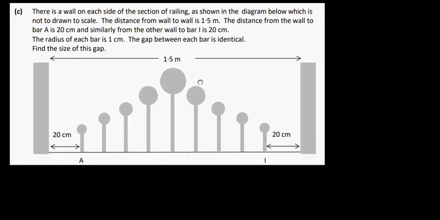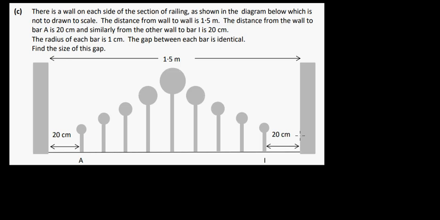Okay, part C then. Now there's a wall on each side of the section of railings as shown in the diagram below, which is not drawn to scale. The distance from wall to wall is 1.5 meters. The distance from wall to bar A is 20 centimeters, and similarly from the other wall, there's 20 centimeters here as well.